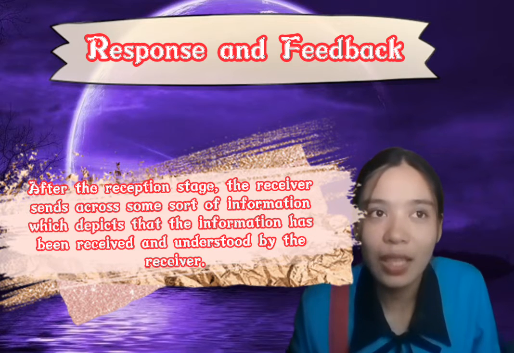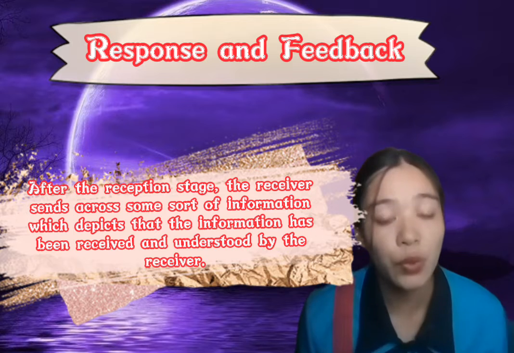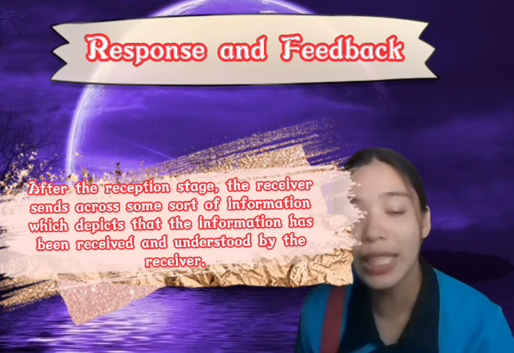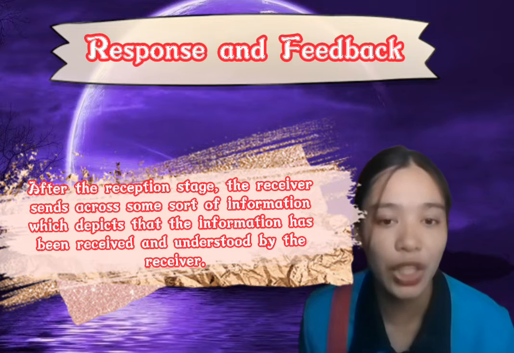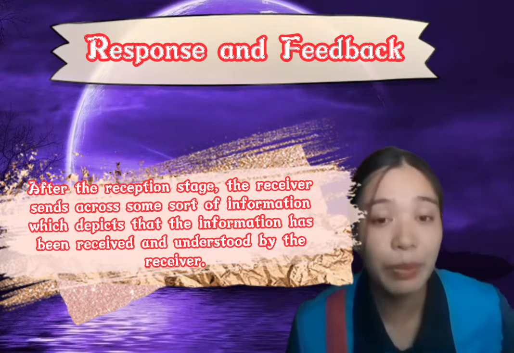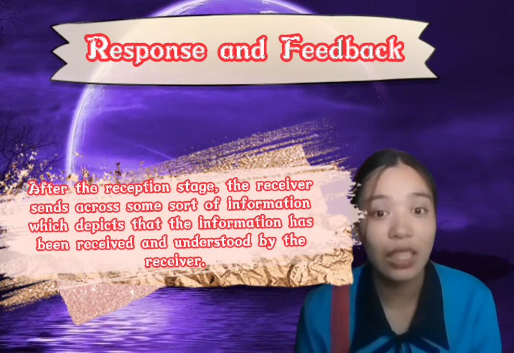So the receiver makes a response to send to the sender again, because he or she really understood the message, the information of the message, and what the message wanted to convey.